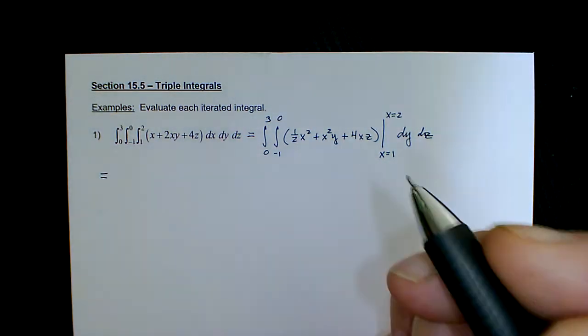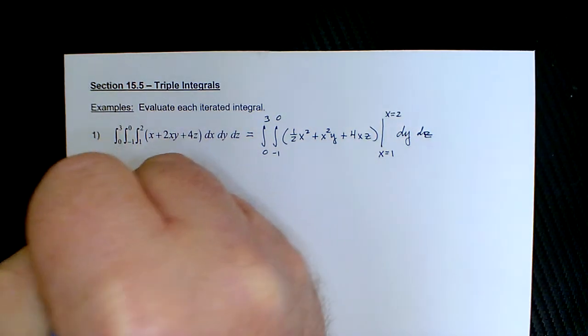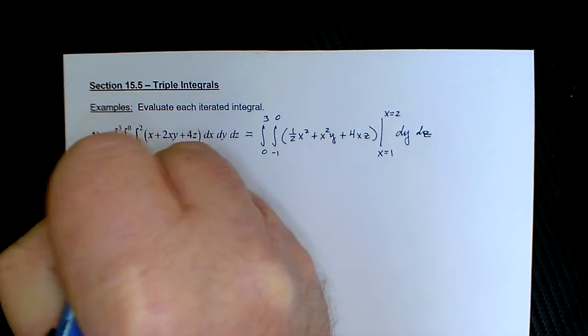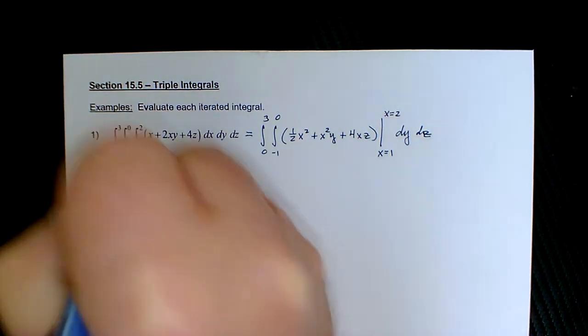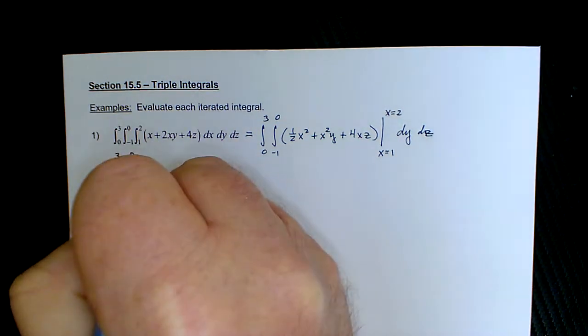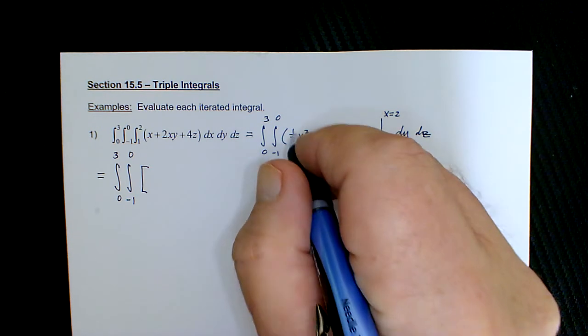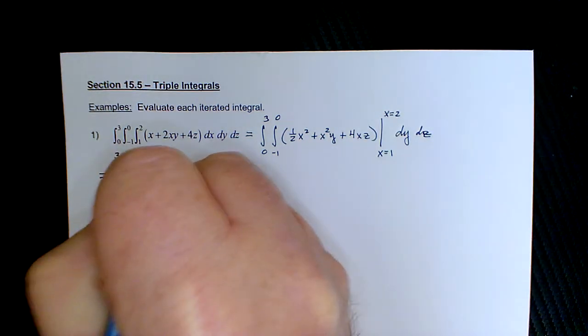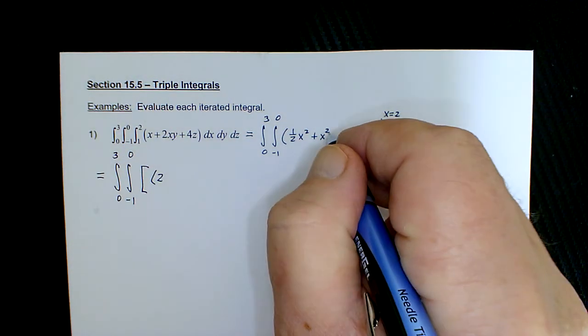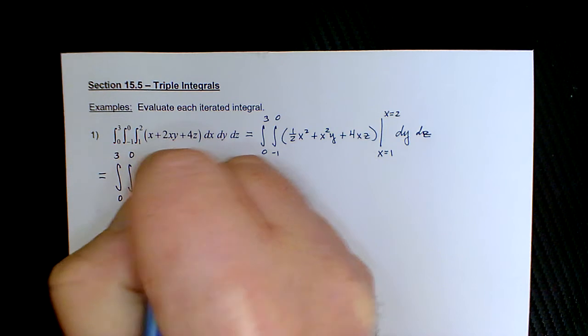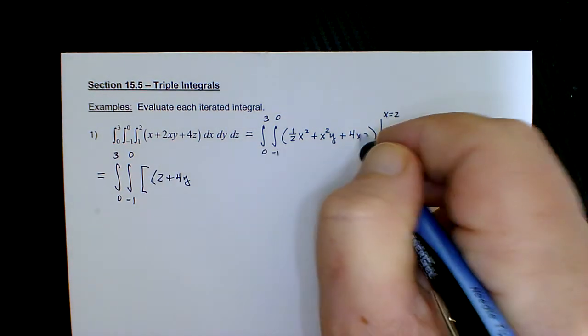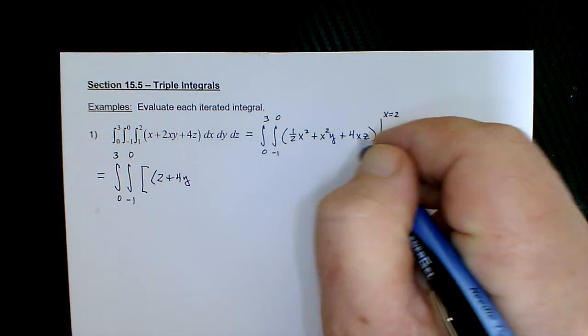Okay, so now the fundamental theorem of calculus, so we'll recopy integral 0 to 3, integral -1 to 0, and I use big brackets here. So a 2 goes in for x, so that gives us 4 times 1/2 is 2, and then we have plus 2 squared is 4y, and 2 goes in for x again, so that's 8z.